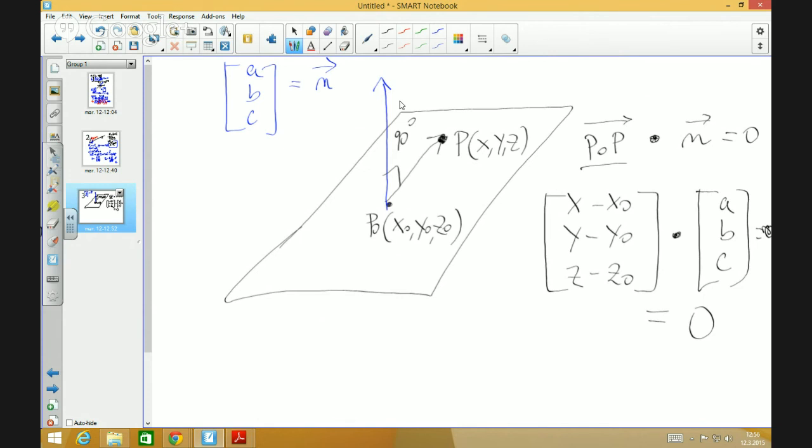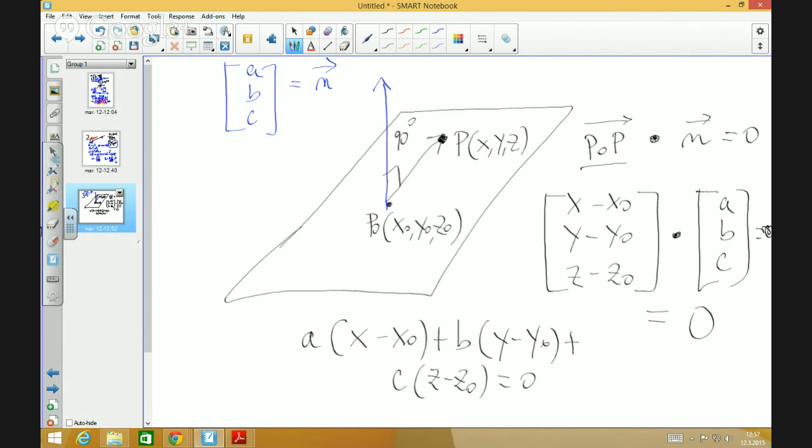That the equation is a times x minus x0 plus b times y minus y0 plus c times z minus z0 equals 0. That's nothing but the expression for this dot product of the two vectors. And that's the equation for the plane.